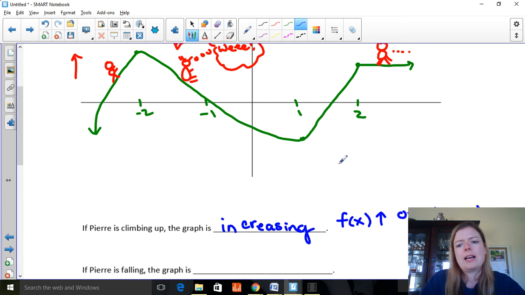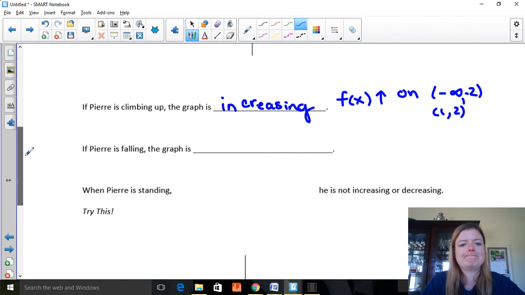Notice that I'm using round brackets because it's not actually increasing at -2. It's neither increasing nor decreasing there. Same thing at 1. Then if Pierre is falling, our graph is decreasing. That's going to be between -2 and 1. Our function is decreasing.